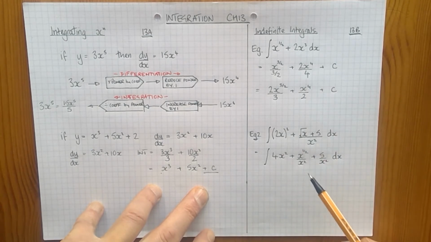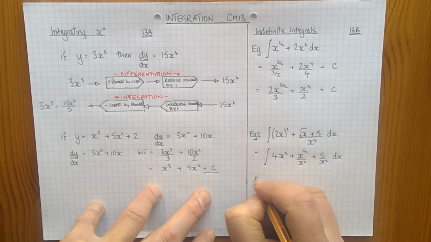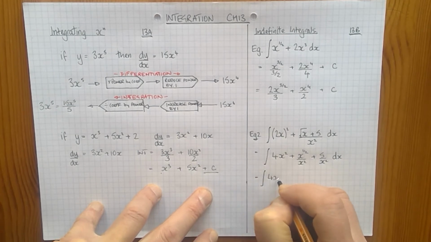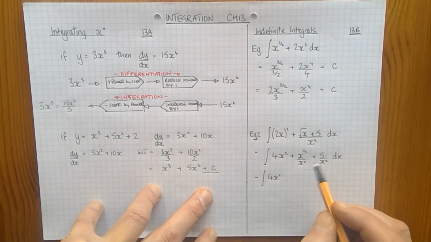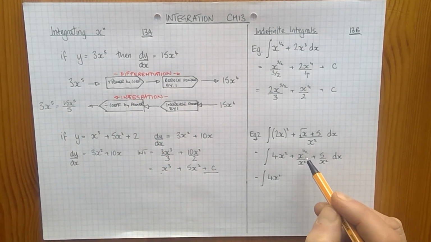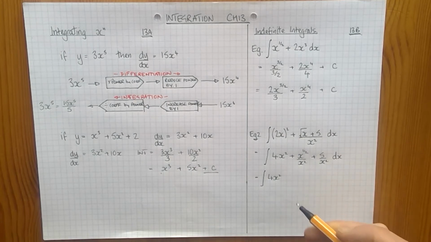Okay, it's getting there, but this is still a bit messy, or at least it's a bit tricky to integrate as it is. So I'm going to simplify it further. The 4x squared, that's quite easy. Thinking back to year 9 maybe, the second rule of indices, if I'm dividing a value with powers, then you just take away the powers.